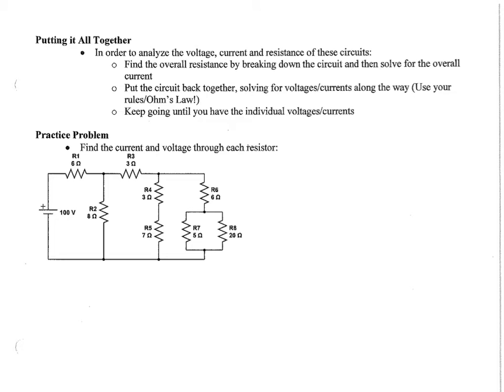So that's what we just did. Once you have the overall resistance, you're already going to know the voltage because that's given in the battery. So we need to figure out the current, and then you're going to go backwards. So when you're going backwards, you're going to be using Ohm's law.